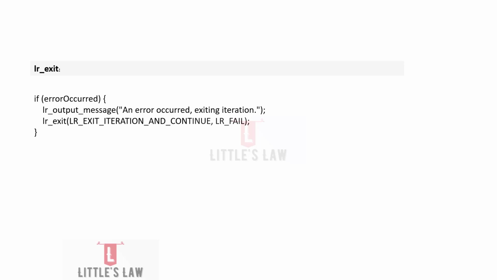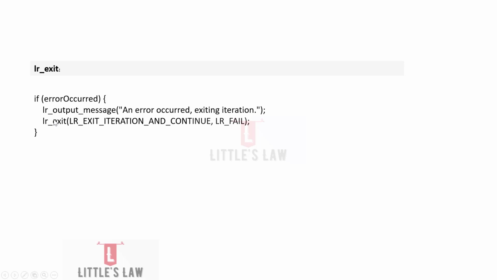For example, in a data validation scenario, if a specific set of data fails verification, we can use LR exit to gracefully conclude that iteration, ensuring that the test results are accurate without affecting the overall load testing process.